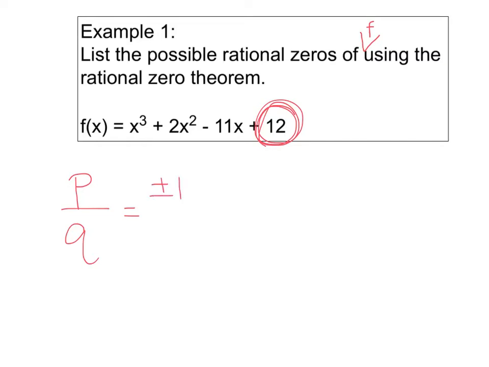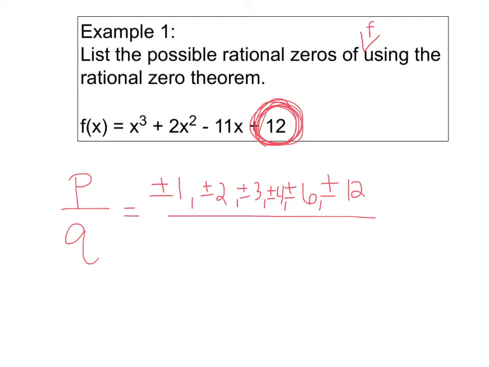We have plus or minus 1, plus or minus 12, plus or minus 2, and plus or minus 6, and plus or minus 3, and plus or minus 4. And I won't do that again because I almost ran out of room. So we have 1, 2, 3, 4, 6, and 12, and then we have -1, -2, and so forth.